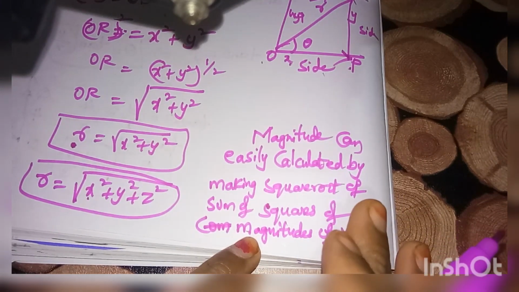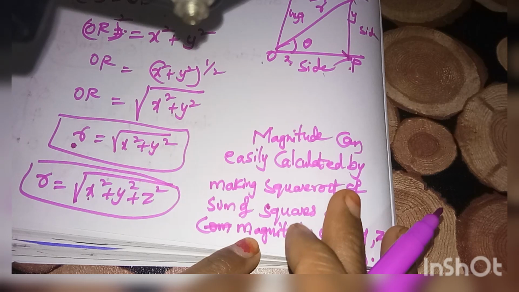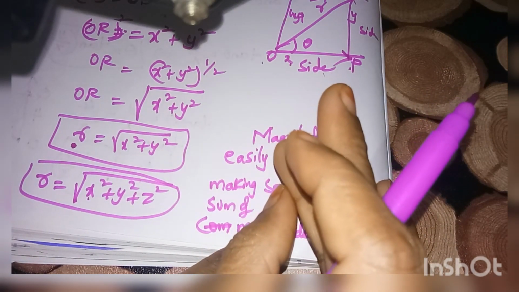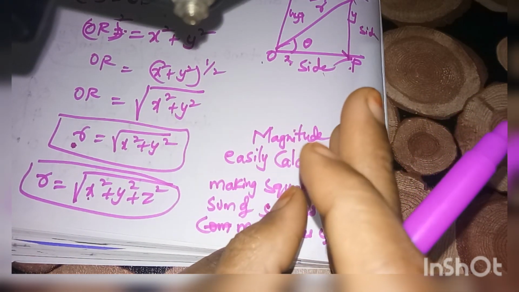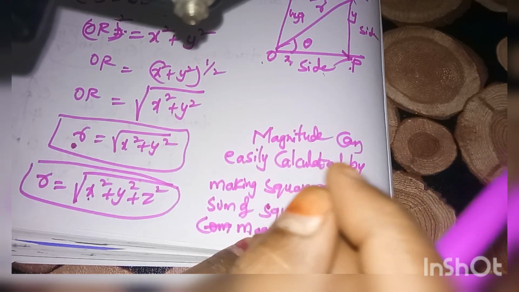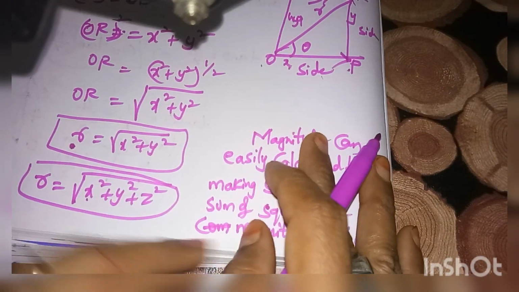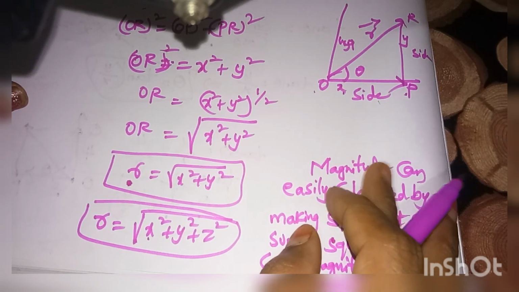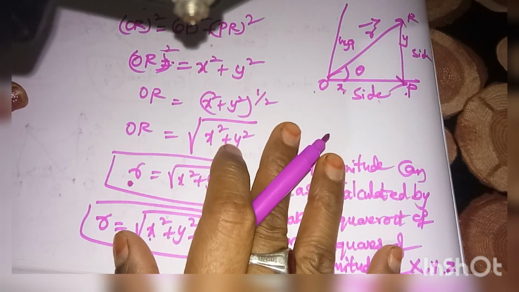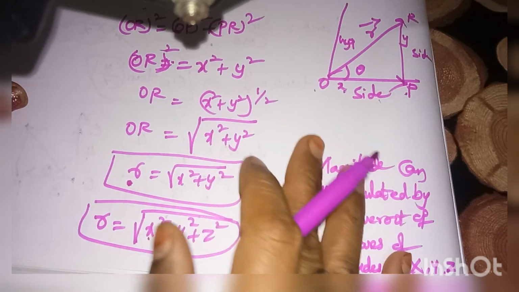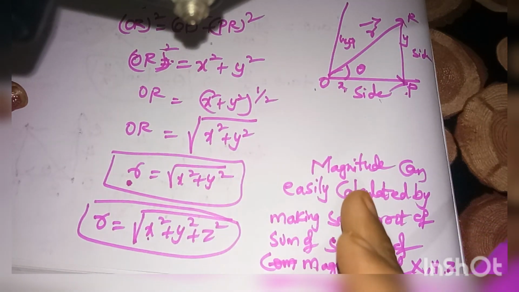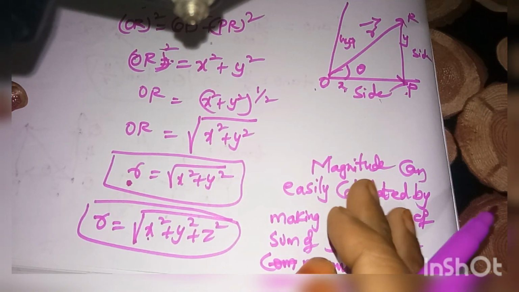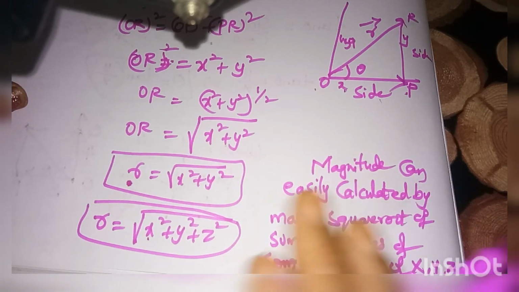So this is how generally you can write mathematically a vector and angle, and how you can calculate the magnitude. By using this topic, in the next class we are going to discuss the problems based on this topic. In that class you can easily calculate magnitude and how easily a vector can be written and how easily we can write an angle for that.